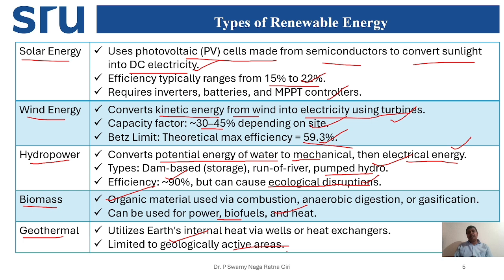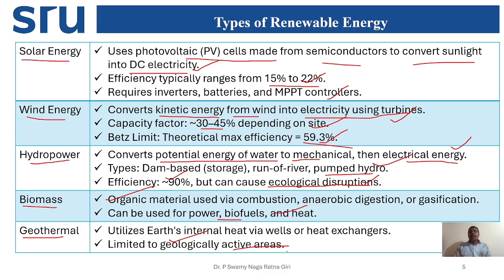So the major types of renewable energy are solar, wind, hydro, biomass, and geothermal energy. If you implement a proper hybrid model, wherever solar energy is possible in some areas, you go for large-scale installation. If wind energy is possible, go for wind turbine installation there. If a huge amount of reservoir water is available, we can go with hydropower energy.